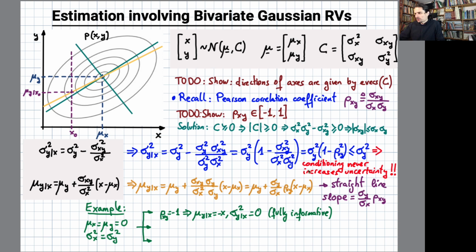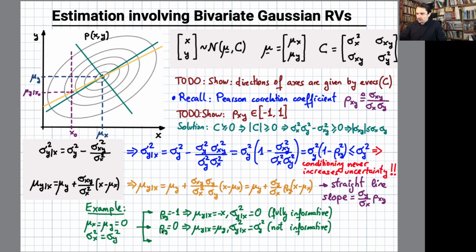And the posterior variance that we obtain from here is 0, right? So whenever the correlation is -1, we recover the variable y just by changing the sign of x, and that results in 0 uncertainty, right? So we are effectively obtaining the value of one of these random variables from the other, because this rho is -1, okay?